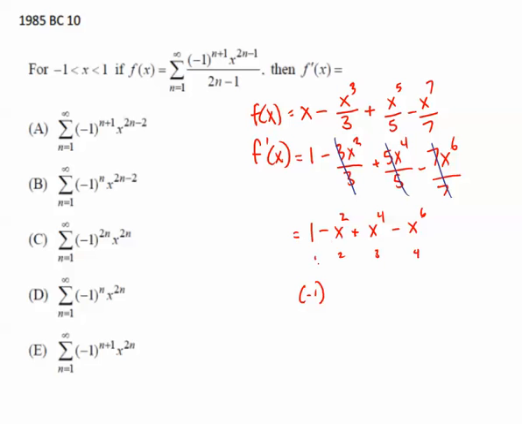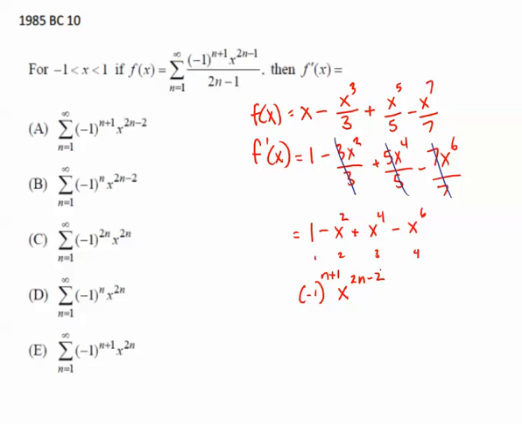We want the first term to be positive, so we would either have to do n minus 1 or n plus 1, but since the original example has n plus 1, that should be fine. So that would give us a positive term, and then what we're going to get is x to the 2n minus 2.